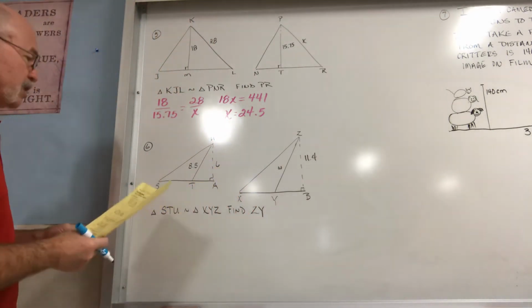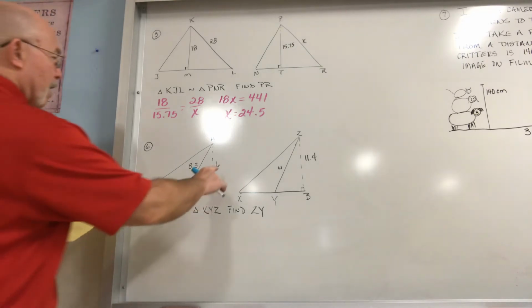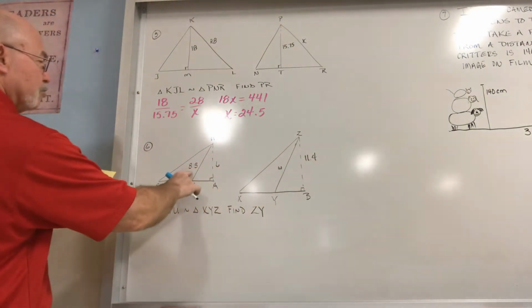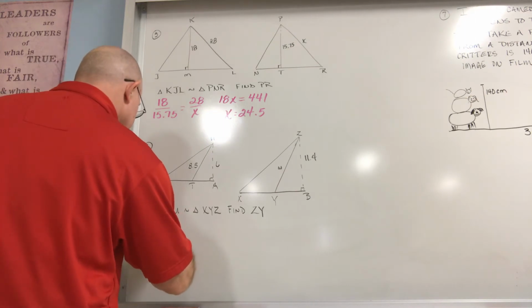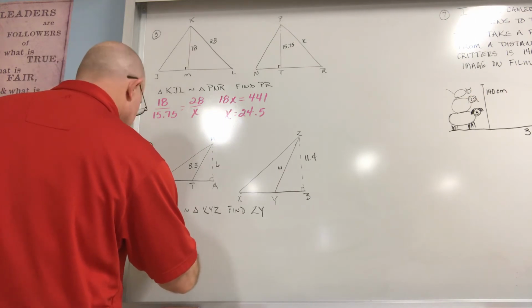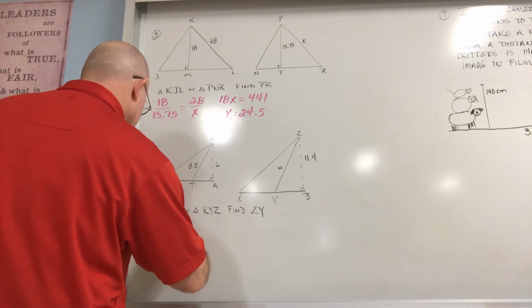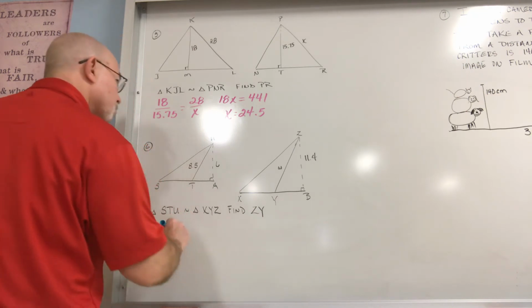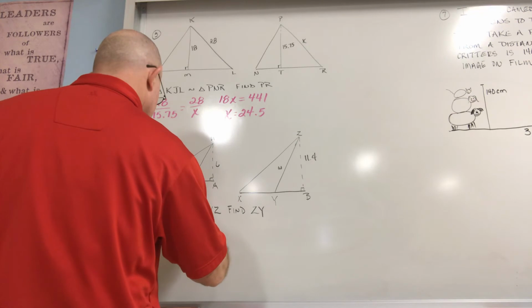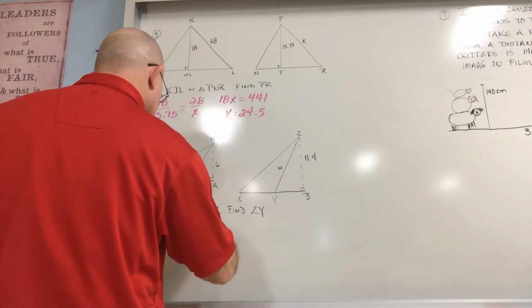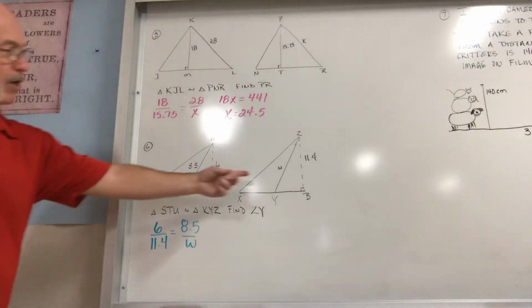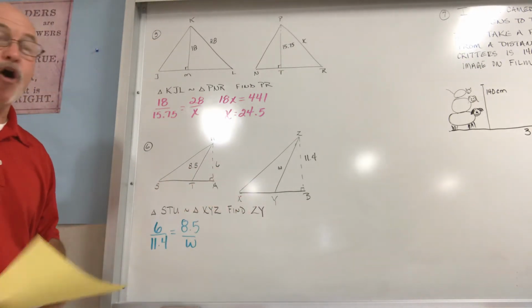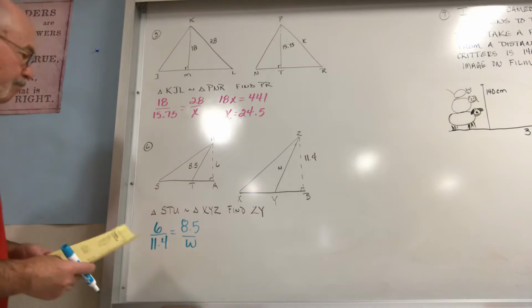So in this case, I said, okay, I'm going to go altitude over altitude, side over side. And on that one, I made it a W because I've already got an X in the problem.